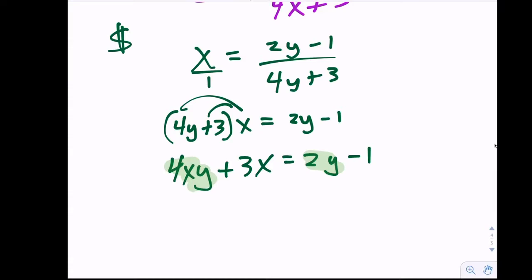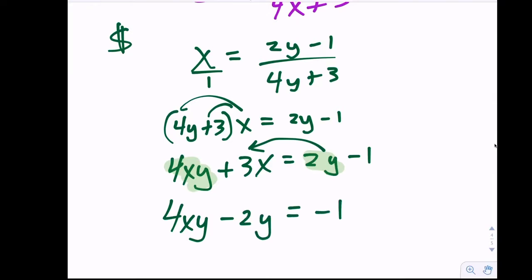So 4xy stays on the left, and becomes the welcome wagon for the 2y that's coming over to your side. Of course, now it's a negative 2y. The negative 1 stays on the right side, and it's now accepting 3x to the right side, which is now negative. See that? You're collecting like terms, just like you did in Algebra 1.